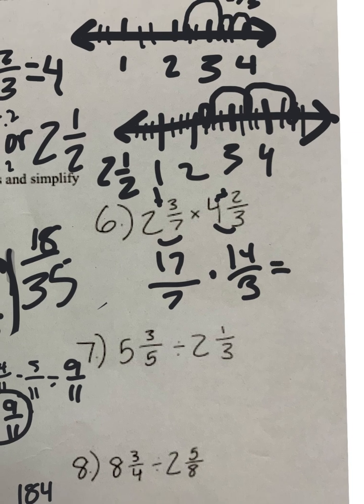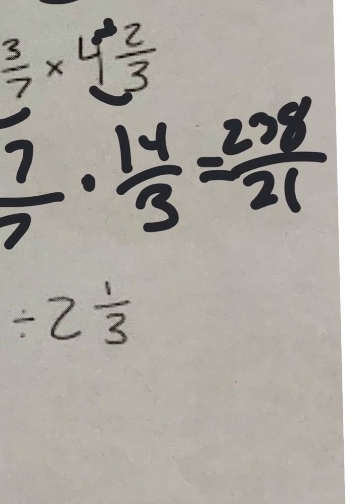And then it's a multiplication problem, so set top times top, bottom times bottom. 17 times 14 is 238, and then 7 times 3 is 21. So that is an improper fraction, so we are going to divide.